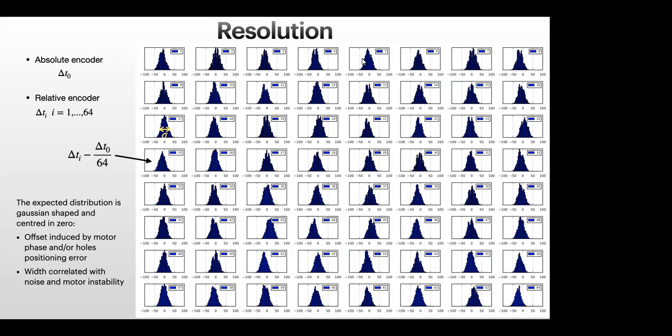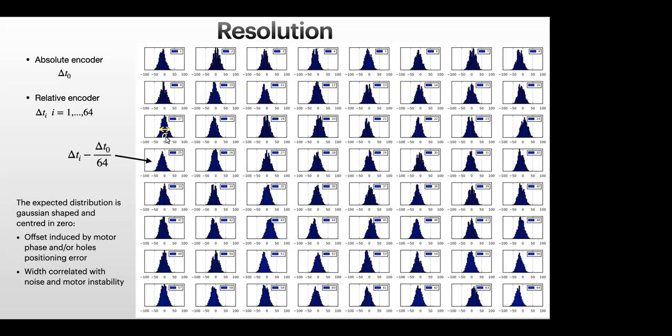So we mainly have a Gaussian distribution for all the slots, and the width, so the standard deviation of each Gaussian distribution, is related to the motor instabilities, or is induced by the noise of our system.